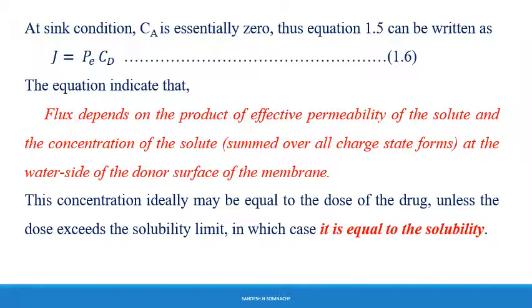It shows that flux depends upon the effective permeability of the solute across the membrane and the concentration of drug on the water side, in the donor surface, in the gastrointestinal tract. This concentration ideally may be equal to the dose of drug, unless the dose exceeds the solubility limit, in which case it equals the solubility.